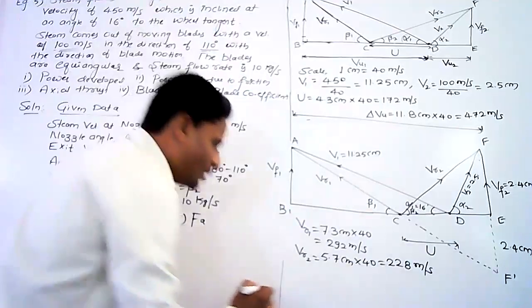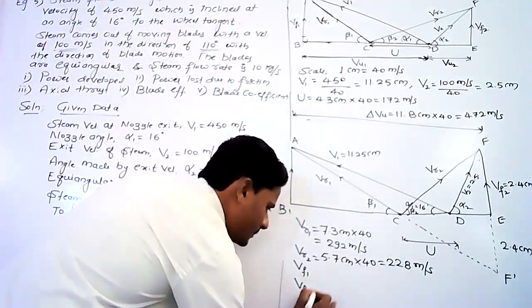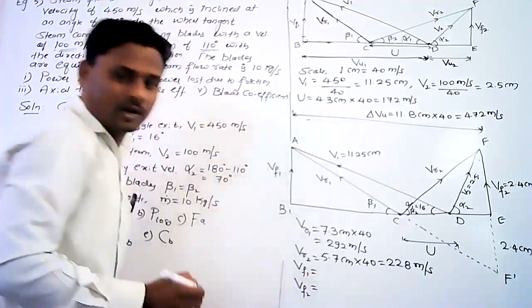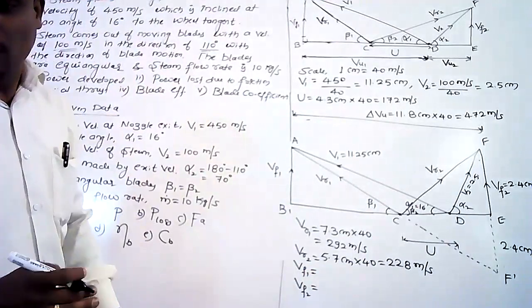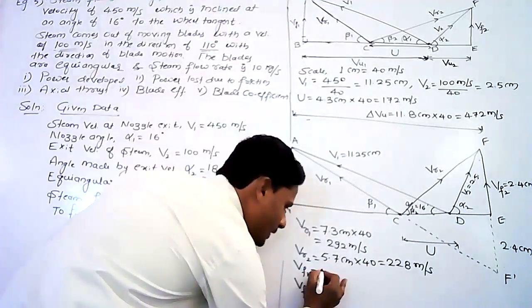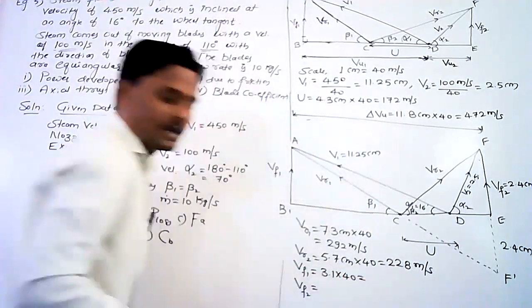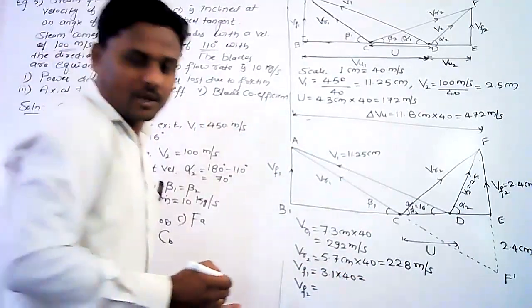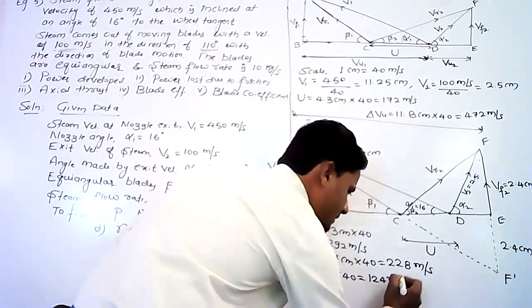Similarly, try to measure the values of VF1 and VF2. VF1 is 3.1 centimeters. 3.1 into 40, so you'll get 124 meter per second.